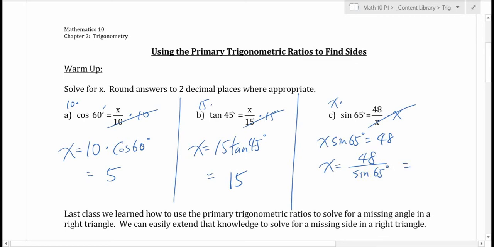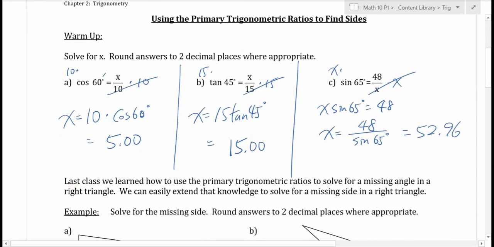So 48 divided by sine 65 degrees will give you, to two decimal places, 52.96. So that's what x is going to be.